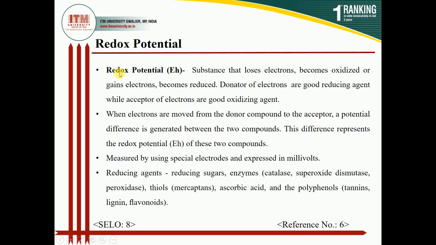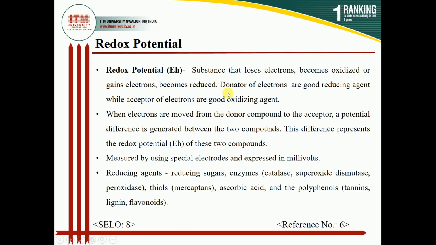Redox means oxidation and reduction. If we break the name, red means reduction and ox means oxidation. So there are some substances that will lose their electrons and become oxidized. Remember that the substance that loses electrons is called oxidized, and the substance that gains electrons becomes reduced.